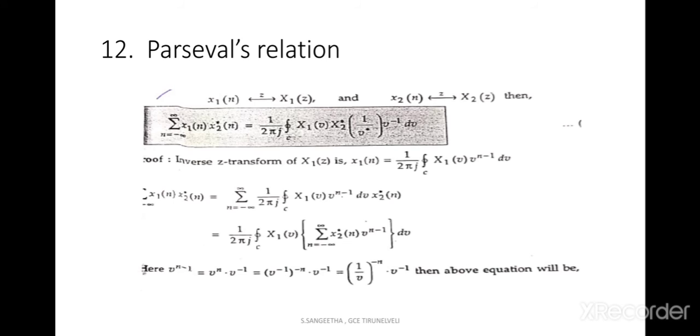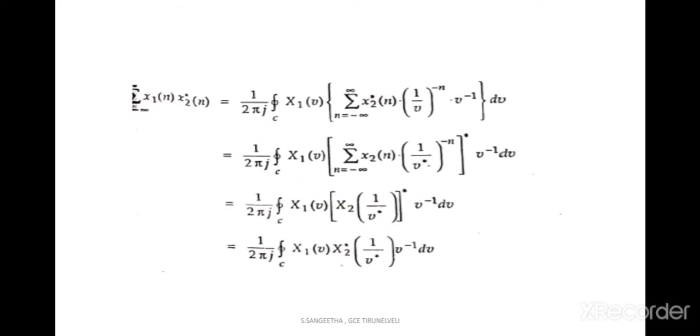By solving this, v power n minus 1 can be written as v power n and v power minus 1, which can be written as 1 by v the whole power minus n, into v power minus 1. Then the above equation becomes 1 by 2 pi j integration of X1 of v, written the same as in the previous equation, into dv.